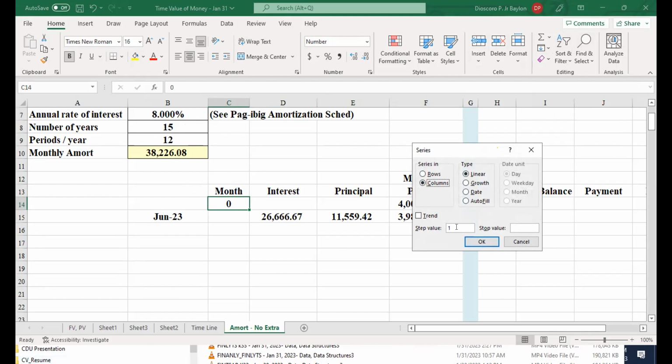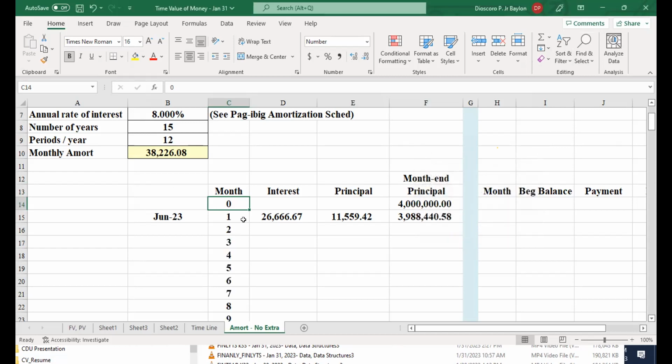Step value is how much the increment will be, by 1, because it's every month. Stop value is 180, since it's 180 months. Okay, thank you sir.